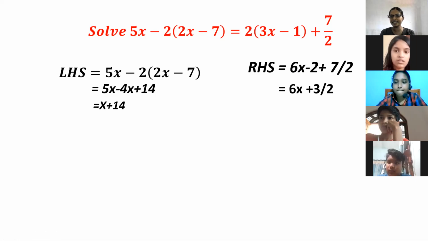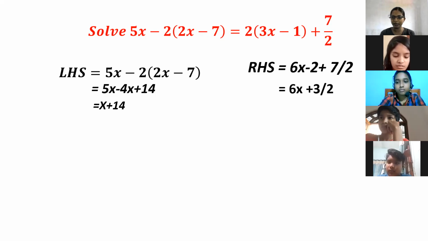Okay. In the next step, I am going to add -2 + 7/2. As you know, how will you add an integer and a rational number? Using cross multiplication, is it? Okay, how will you apply cross multiplication here?